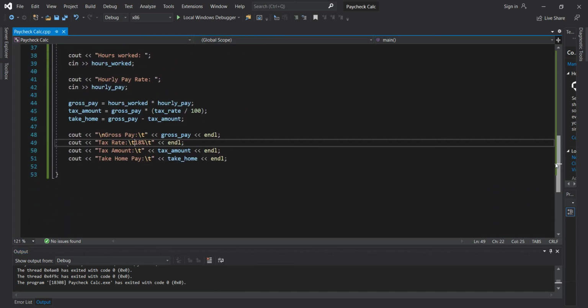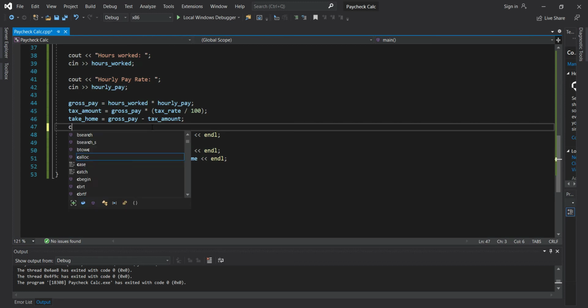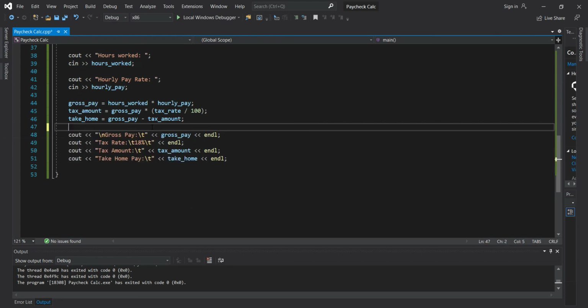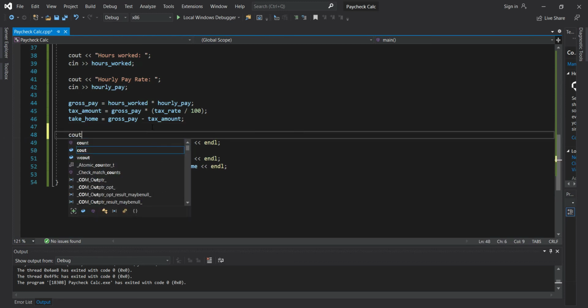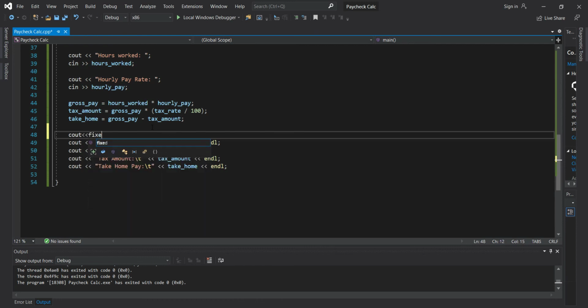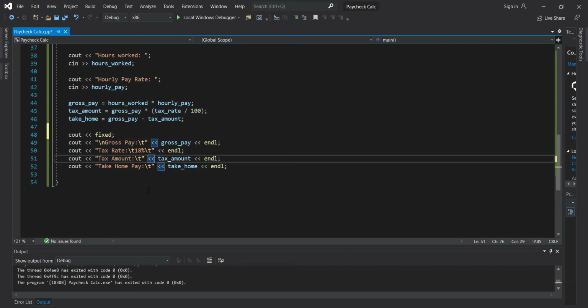What we want to do is we should add another cout here. Let's take a little space. Another cout here. And then we want to put fixed. Alright? That's it for that. Now, what we saw that was having problems was the tax amount and the take-home pay. So I want to set precision to 2.